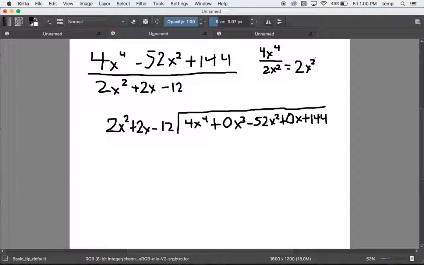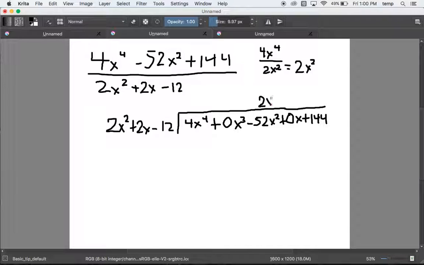So our first term in our answer is going to be 2x squared. Just for cleanliness, I like to put it above whatever power it is in our dividend, so I'll put it above the x squared.